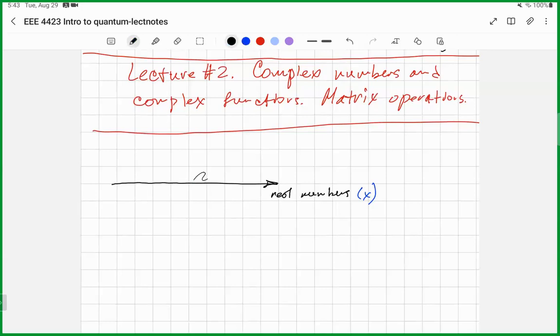On this axis, we of course have 0. We have some 1, right? Like integer numbers, positive integer numbers, negative integer numbers, and of course we have other numbers like rational, irrational numbers, 0.5, etc. So basically all the real numbers can be placed on this axis, right?